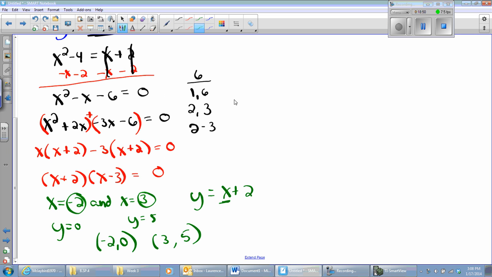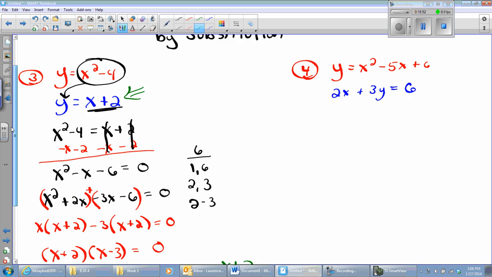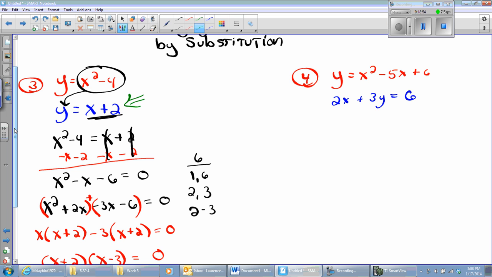All right, we're going to do one more example, and this again will be a quadratic and a linear. And in this one, the quadratic has y alone, but the linear one doesn't. So I'm going to take this and put it in y's position. Okay, and this is going to be really important here.